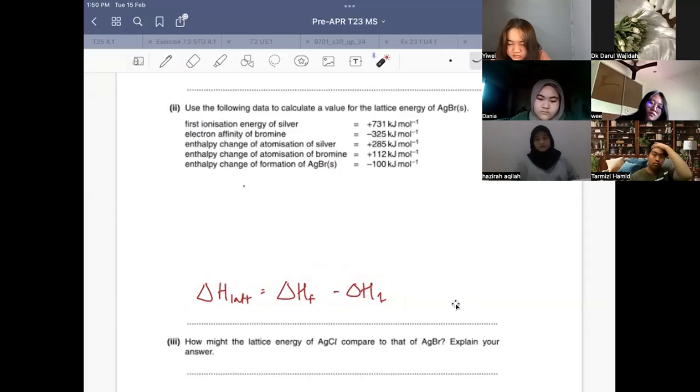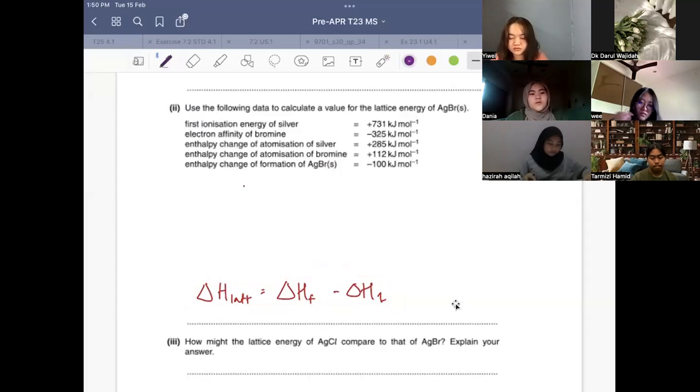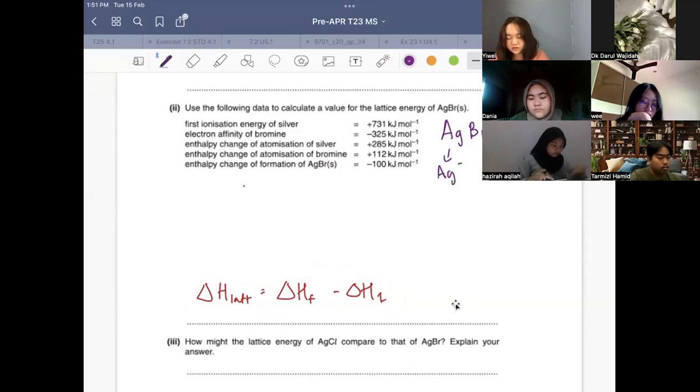Some of you don't have your papers, that's fine. You can always refer to this document later on and just follow through my explanation.